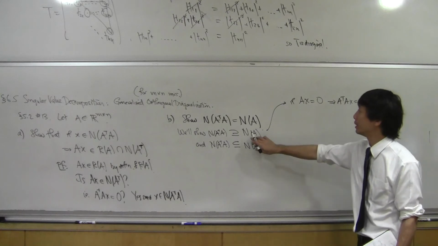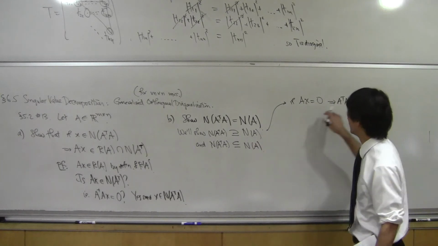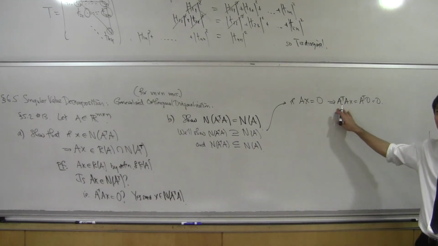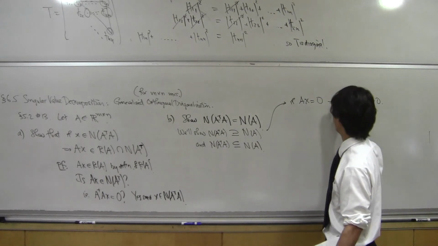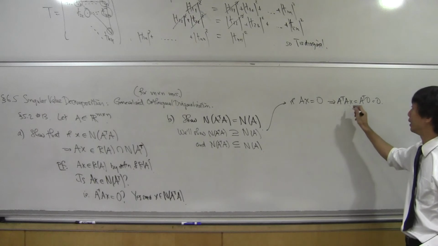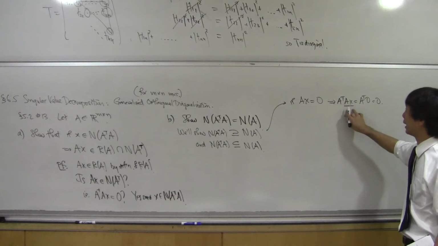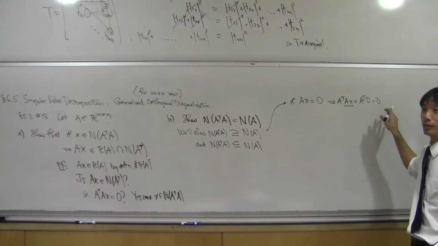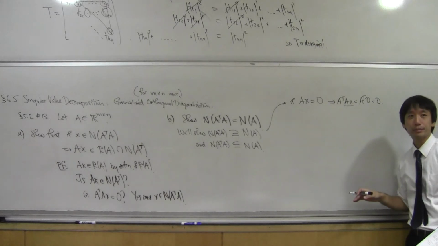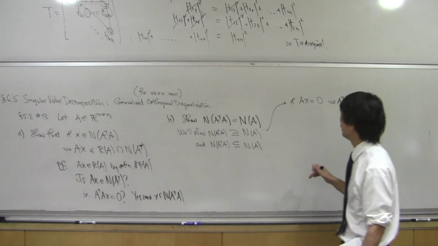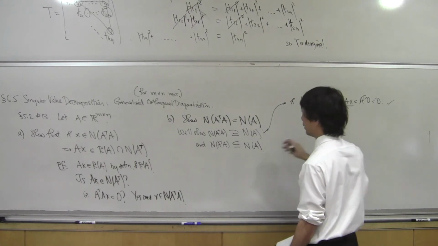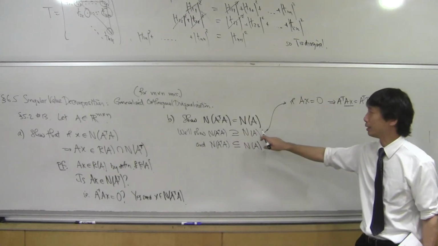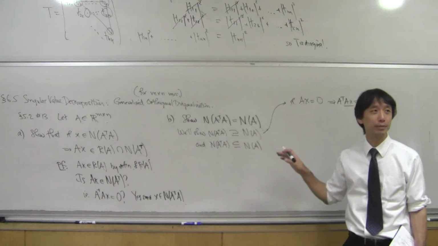So being in the null space of A certainly guarantees that you're in the null space of ATA. Because if Ax equals 0, then ATAx would be AT0. That's just 0. Okay. So the null space of A is contained in the null space of ATA.